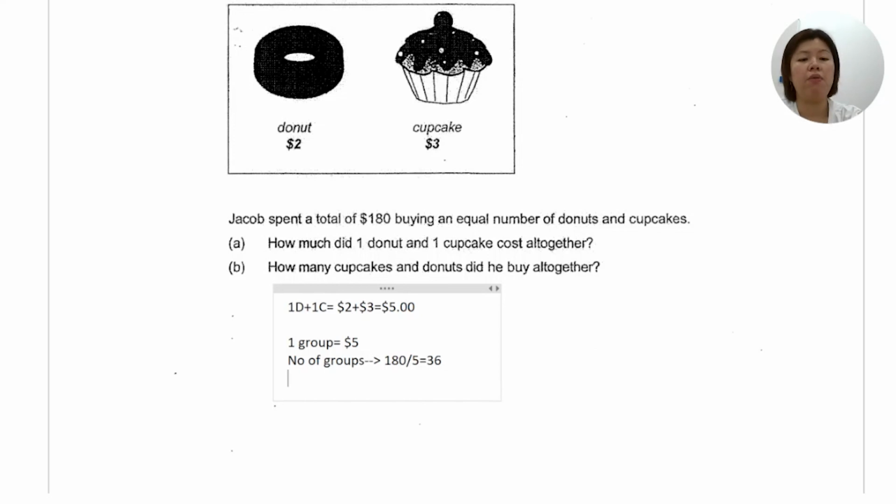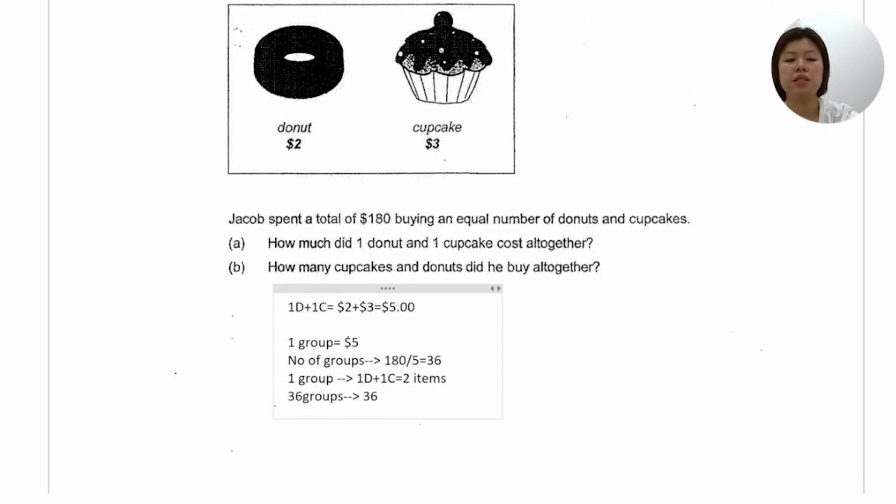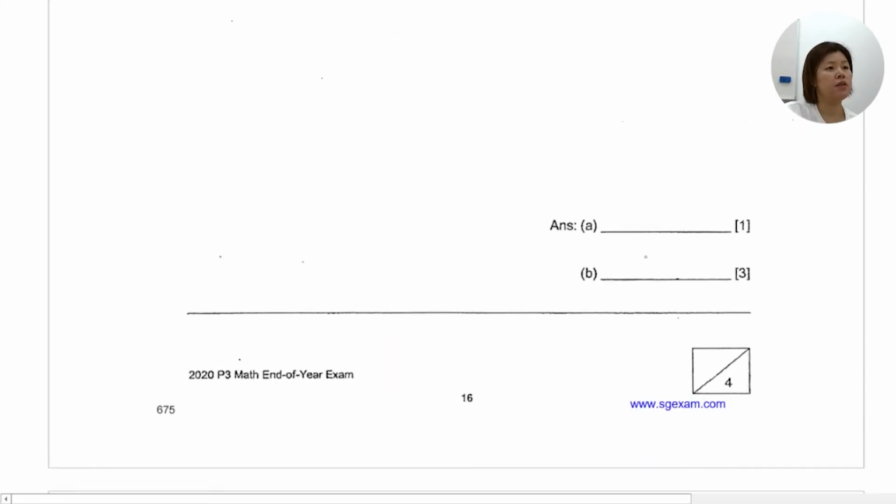And then we know that in one group, there is one donut plus one cupcake, which is 2 items. So we have 36 groups. It will be 36 times 2 equals 72. Okay, 72 here, and here is $5.